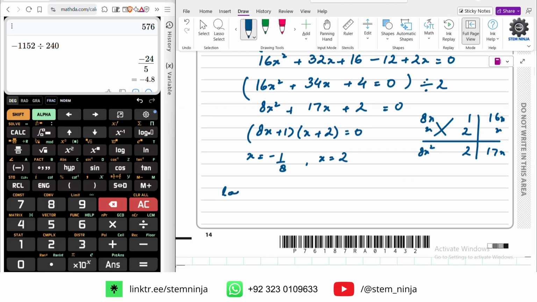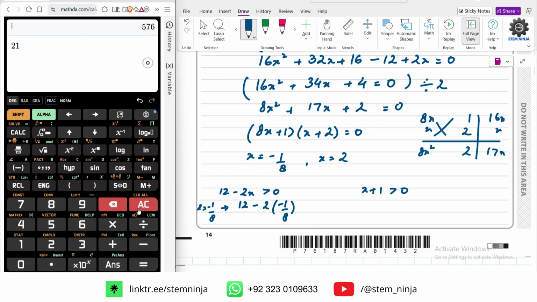So you have log. For them to satisfy, 12 minus 2x has to be greater than 0, and so does x plus 1. So if we choose x equal to minus 1 over 8, you get 12 minus 2 times minus 1 over 8.